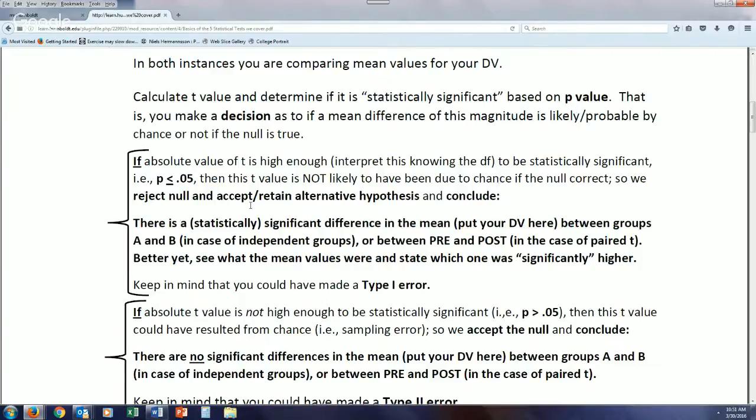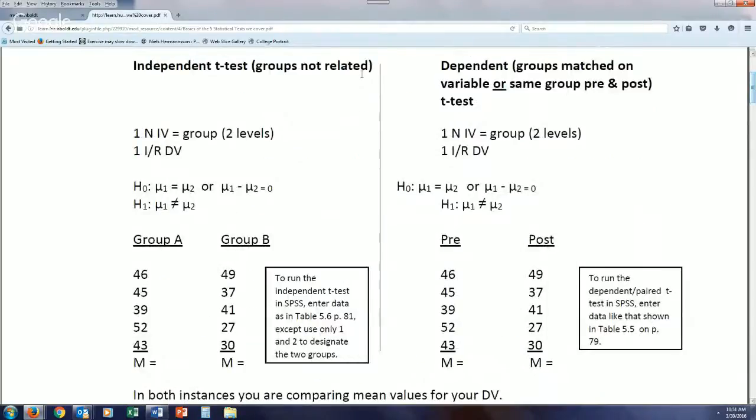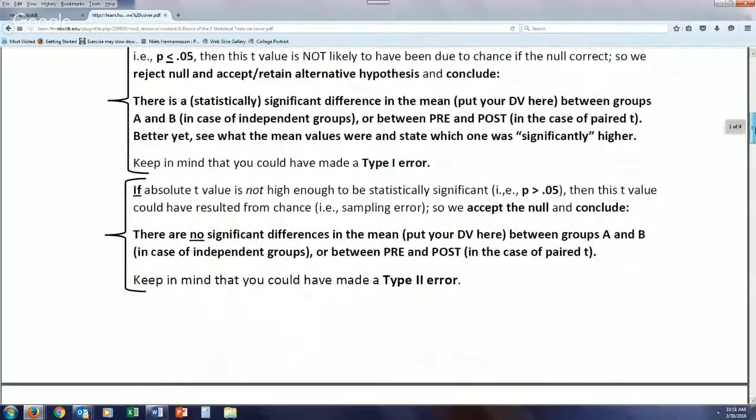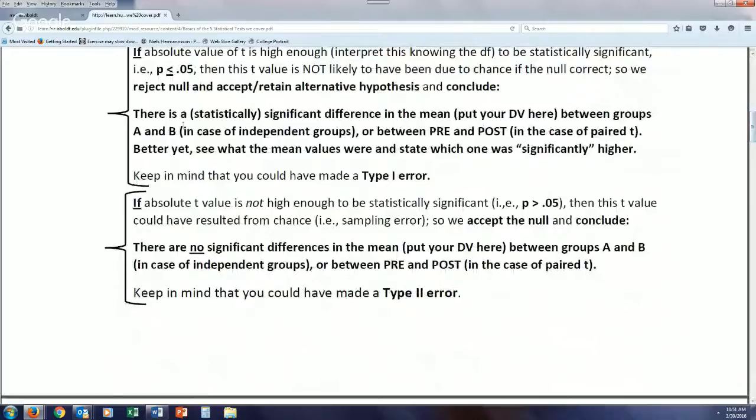Generally, if you find that there is statistical significance, you can say there is a statistically significant difference in the mean, and you could put strength or balance score, between groups A and B in the instance where we had an independent t-test. In the case of a dependent t-test, and you end up with a p-value less than 0.05, you'd say there is a statistically significant difference in the means between pre and post.